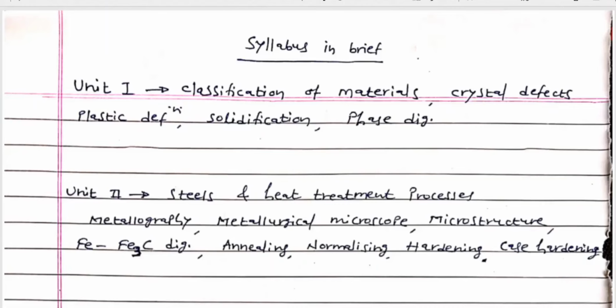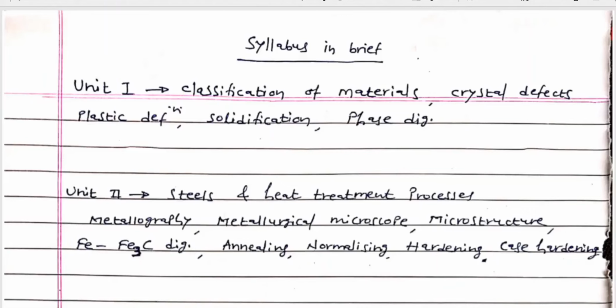How the solidification will be taking place from liquid state to solid state, that part we will see in this particular topic. And in order to understand the mechanical properties of the cast product, we have to refer to phase diagram. So what is this phase diagram, which is also known as equilibrium diagram? That thing also we have to see under this head.